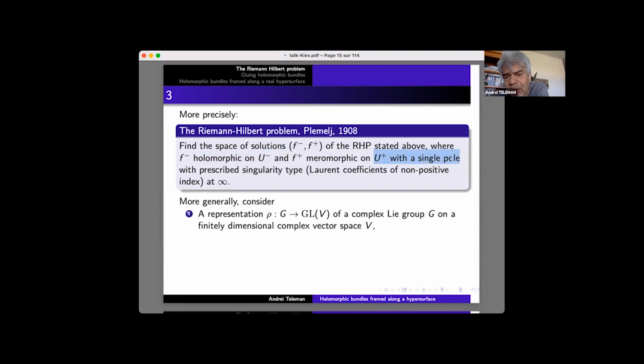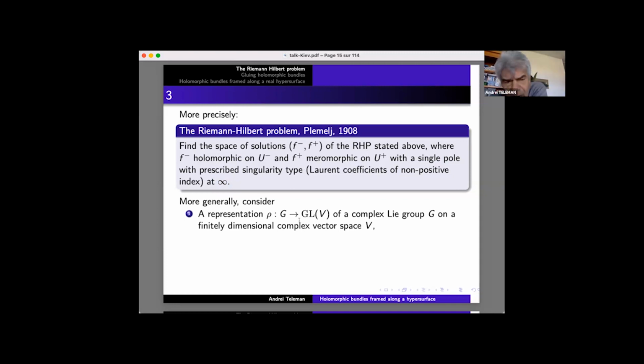But although we allow F plus to be meromorphic, we ask it to have a single pole with prescribed singularity type at infinity. So we allow a pole only at infinity. This is the Plemelj version of the Riemann Hilbert problem. Prescribed singularity type means in fact to prescribe the Laurent coefficients of non-positive index at infinity.